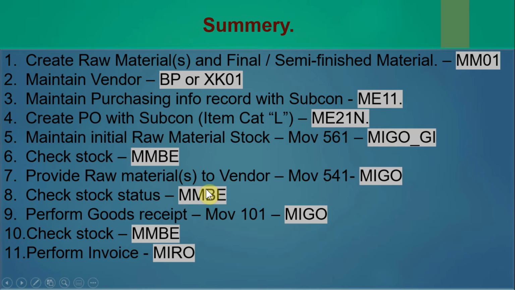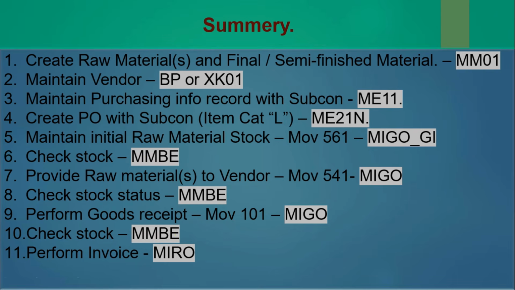Then again we check if the stock is properly showing in our system as provided to the vendor. Then as per the PO deadline, the vendor sends us our final or semi-finished product, and we perform goods receipt in 101.